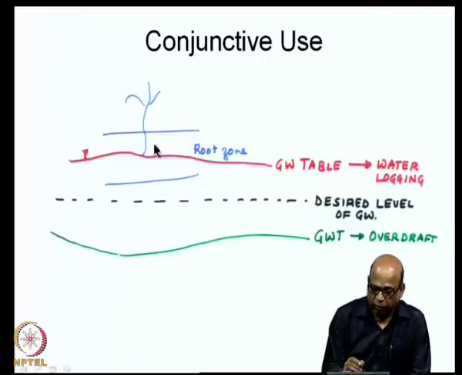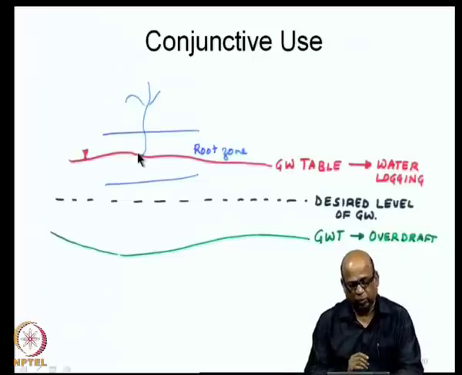By root zone, I mean the zone of soil below the crop from which the crops can extract water. In general, the effective root zone will be more than the physical root length that the crops have, because the crops can suck water from soil which may extend beyond the physical length of the root itself.